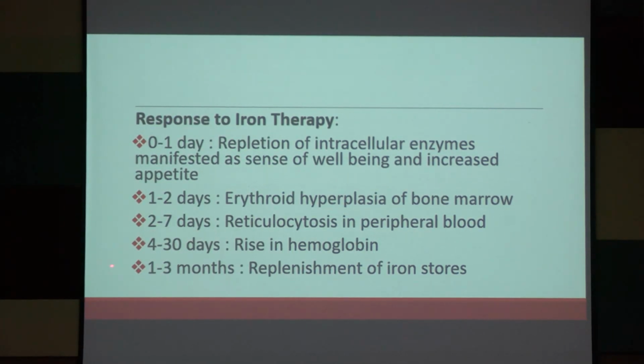So to replenish ferritin in the body, we will have to continue supplementation for a minimum of 3 months. As per OP Ghai textbook of pediatrics, it is 4 to 6 months. Okay. So 0 to 1 day, 1 to 2 days, 2 to 7 days, 4 to 30 days, 1 to 3 months. This has to be memorized a bit, okay?